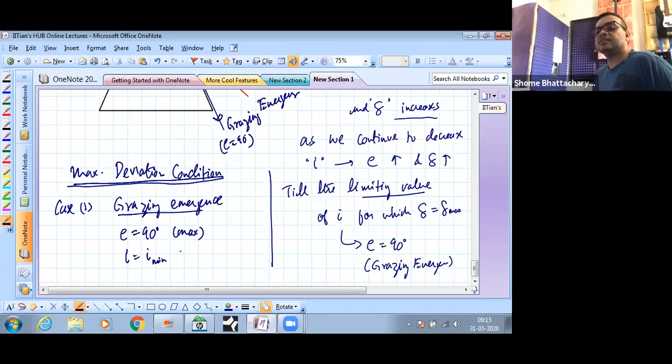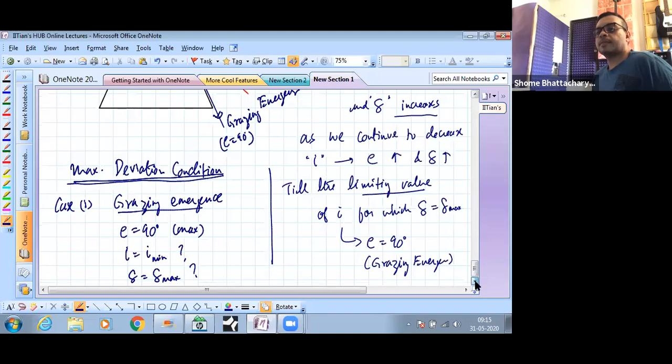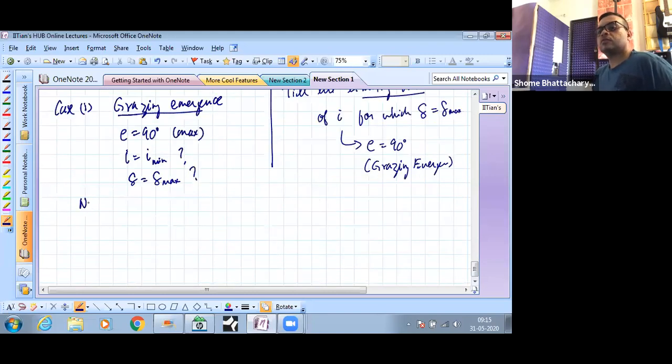So for i less than this, there will be TIR, which we'll find. If our angle of incidence becomes less than this i minimum we are calculating, then there will be total internal reflection.